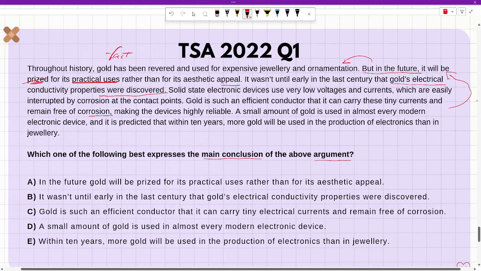Okay, so making the devices highly reliable. A small amount of gold is used in almost every modern electronic device, and it is predicted that within 10 years, more gold will be used in the production of electronics than in jewelry. Again, basically every single thing here, all of this, right, guys?